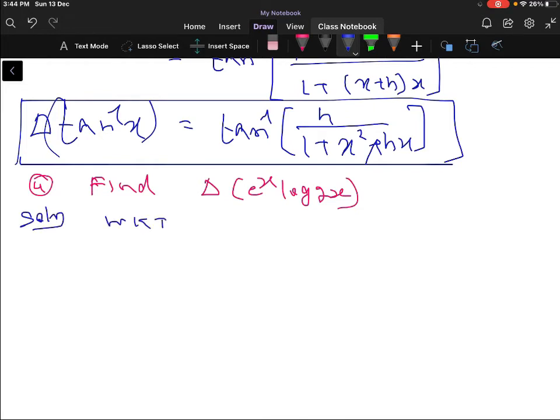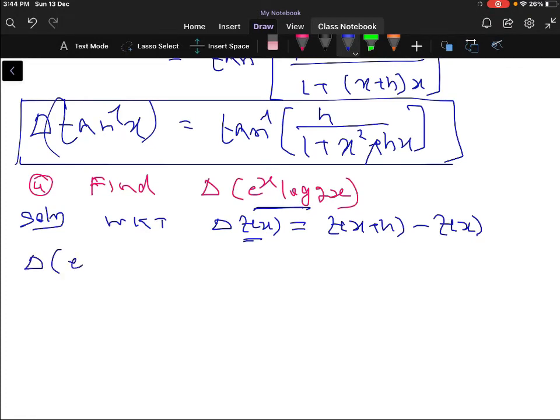We know the definition of the first forward difference of the function f of x is delta of f of x equal to f of x plus h minus f of x. So you take f of x equal to e power x into log 2x.